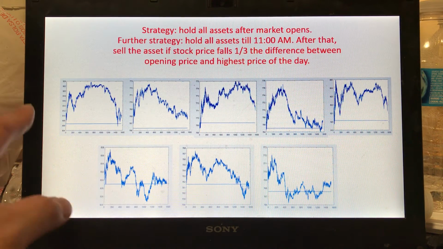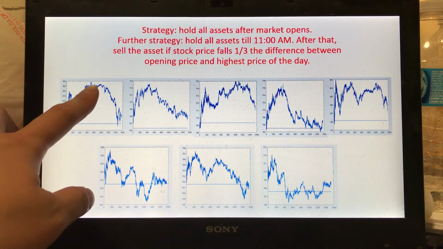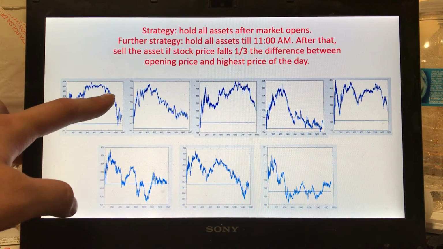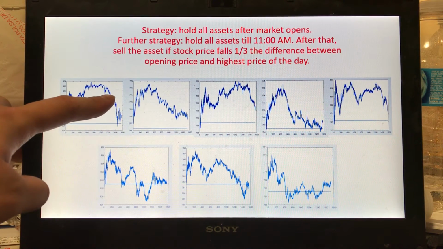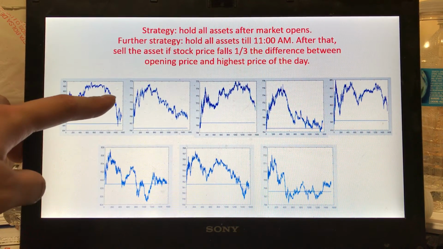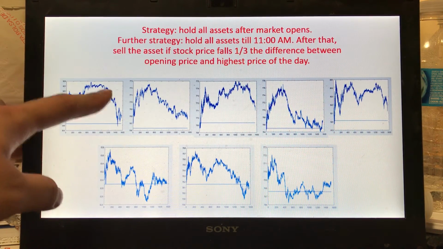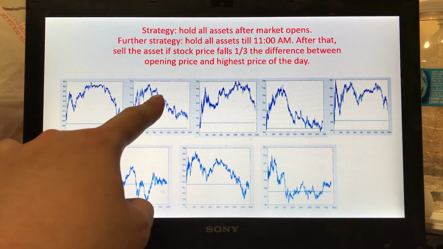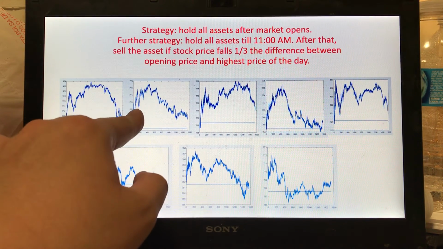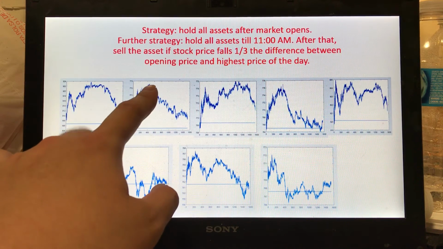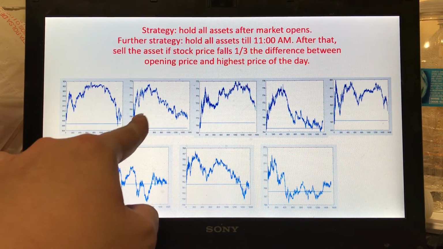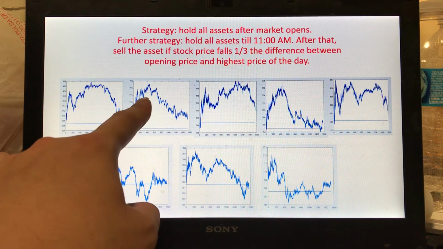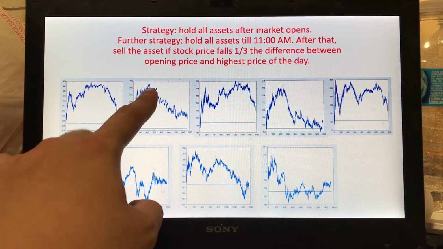Since we see that in this case it has risen to this point, and after I see that it drops about 1/3, I'm definitely selling my asset, since from technical analysis this can be a very bearish trend. And also for this, if it drops to this part, firstly, I'm definitely holding my asset to this point, since this dip didn't exceed the opening price, and this is an upward channel.